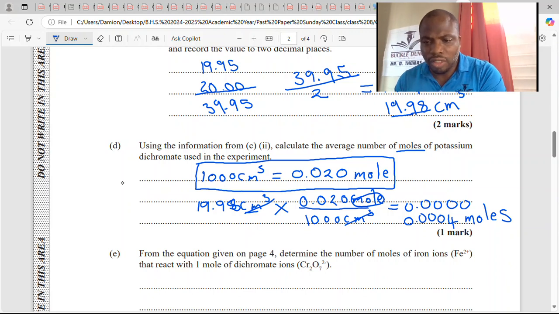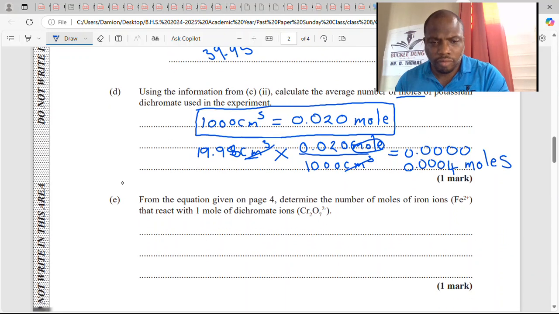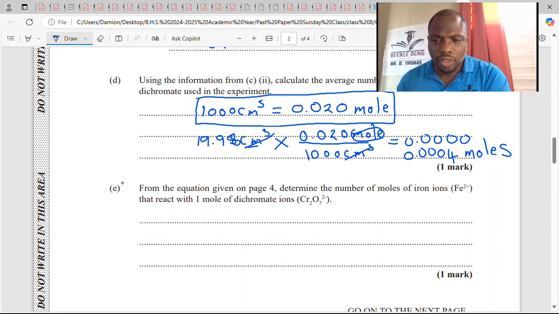Does this affect the calculation? Check for me, please. Well, not when you round it off. We still get the 0.0004. And that's just 1 mark. So yeah, worth it. Every mickle makes a muckle.